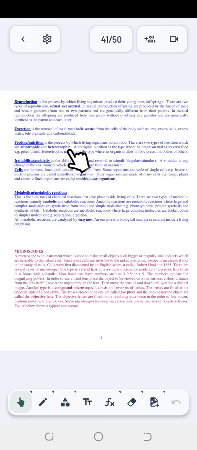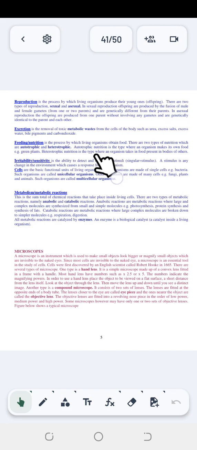heterotrophic nutrition. Autotrophic nutrition is the type where an organism makes its own food, e.g. green plants. Heterotrophic nutrition is the type where an organism takes in food present in the bodies of others, like eating other organisms.